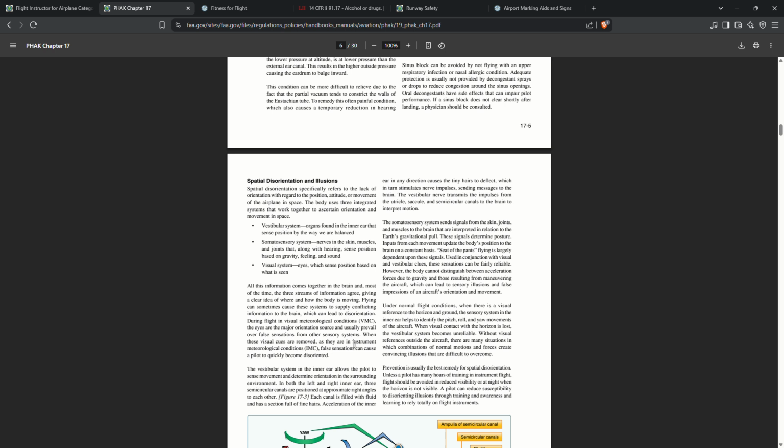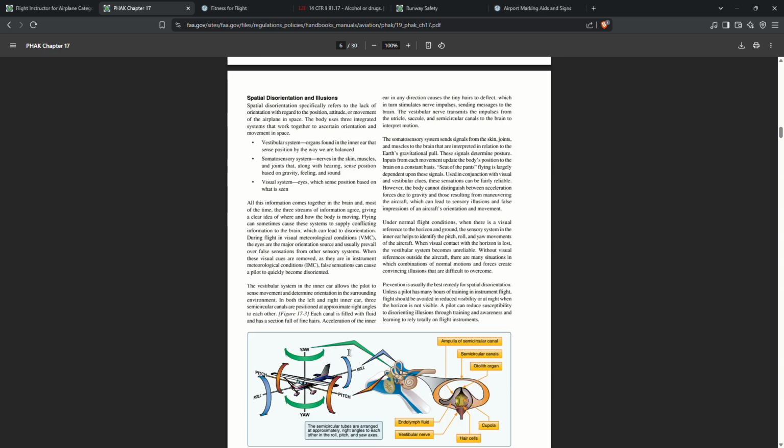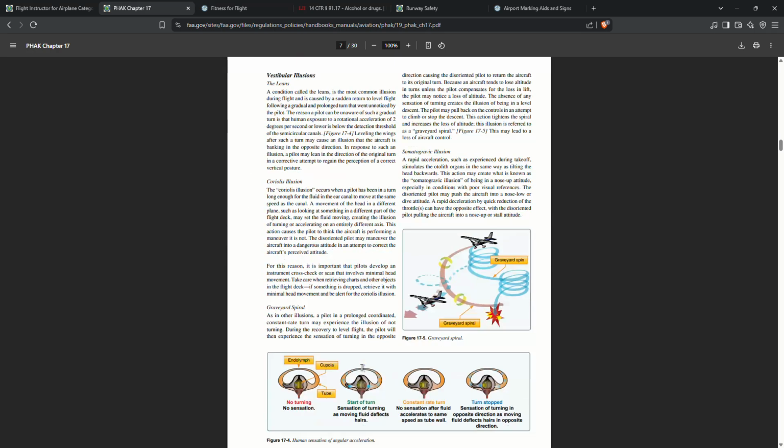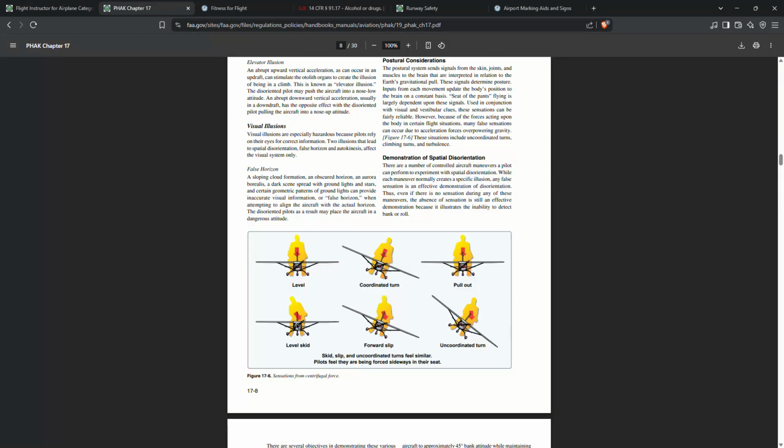So with that, spatial disorientation happens mainly when you're moving around a lot, doing sharp turns, steep spirals, anything like that, and you're losing your sense of positioning, not only through illness, not only through lack of visual, but also, I believe it was here, your body position. Having to keep your body correlated with the plane helps you understand where the plane's at.